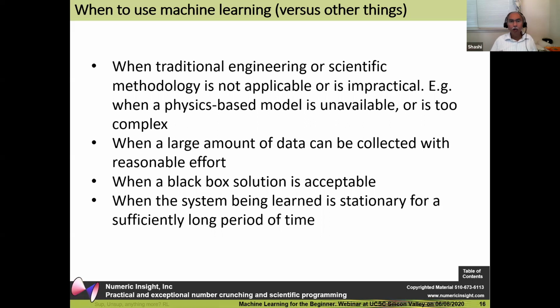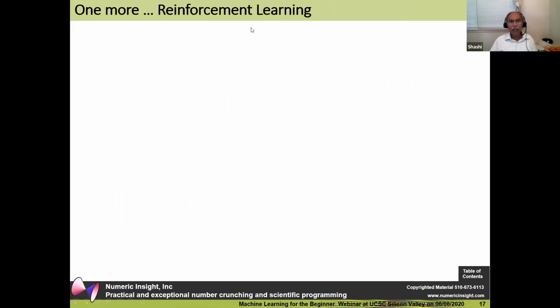There are whole lecture series on this topic called reinforcement learning. And very often you hear about three subdisciplines within machine learning: supervised, unsupervised, and reinforcement. But it's safe to say that the overwhelming majority of applications use supervised learning.